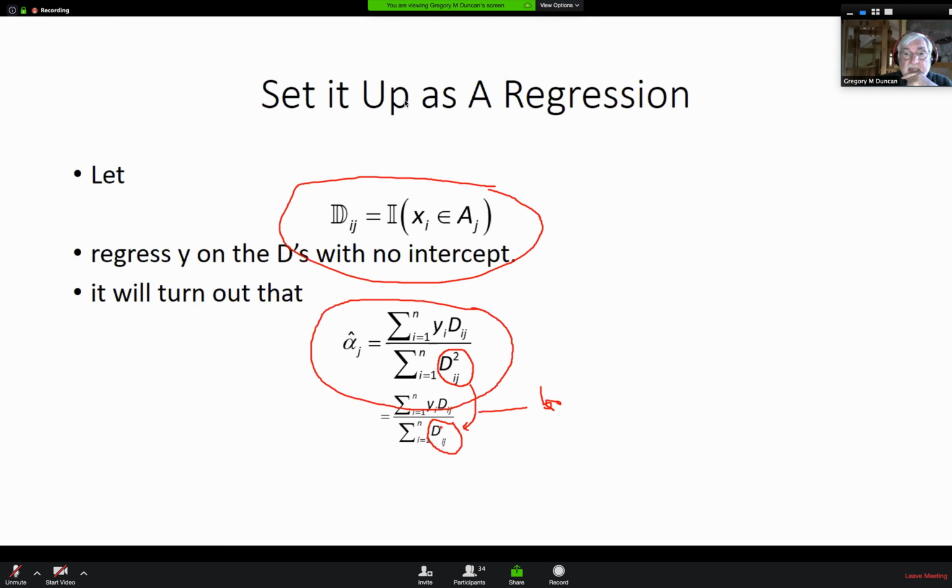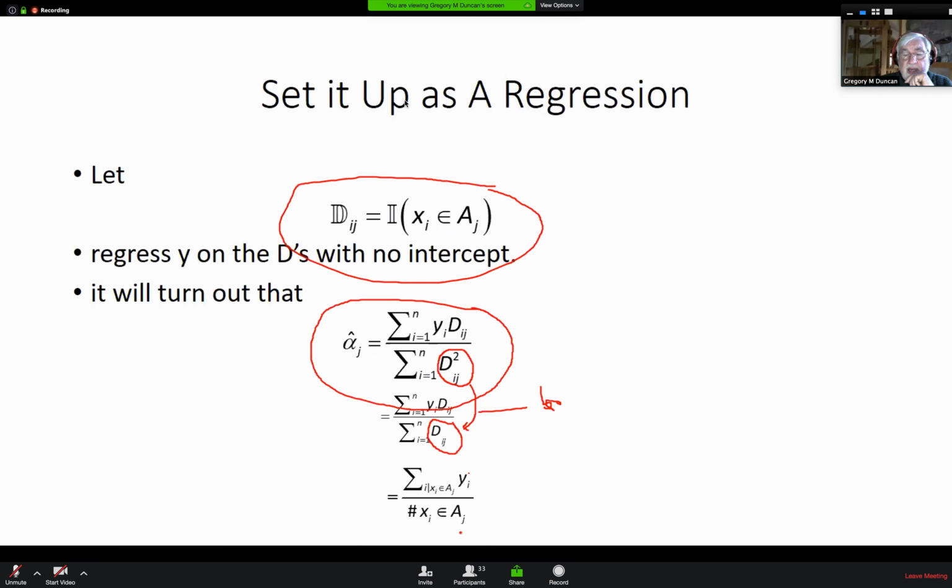And what do I get here? This says I'm going to sum up the Ys, but I'm only going to sum up the Ys where the D is equal to 1. And so what this is going to give me is the following.